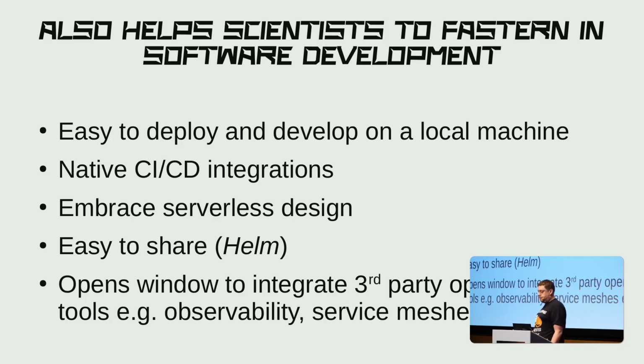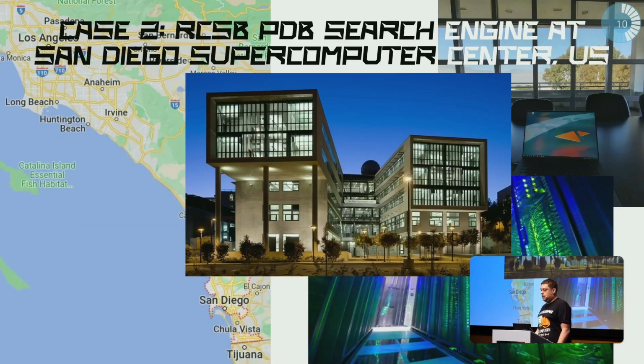So the next case is the San Diego Supercomputer Center. This one is located in San Diego. San Diego is a city in the United States, south of Los Angeles, almost on the border with Mexico. And then we have this University of California, San Diego campus with this fancy building dedicated to the supercomputer center.